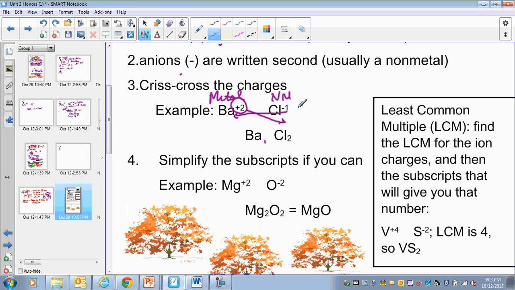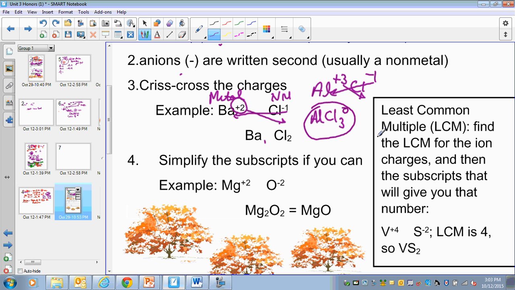We don't usually write 1. If I have aluminum positive 3 and Cl negative 1, 1 goes to aluminum and 3 goes to Cl, so it will be AlCl3. You don't write positive or negative, because the purpose of this is to cancel out the charges and make it neutral. The overall charge for the ionic compound is going to be 0.